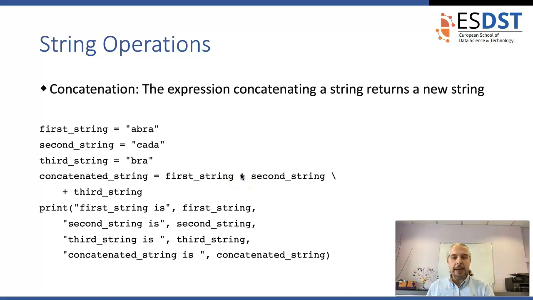Carefully, it doesn't put any space anywhere. So, if I say here, first string is, it will print abra. Second string is, it will be kada. Third string is, it will print bra. But the concatenated strings will print abracadabra as one single word, because the plus sign here does not add any spaces on the string.